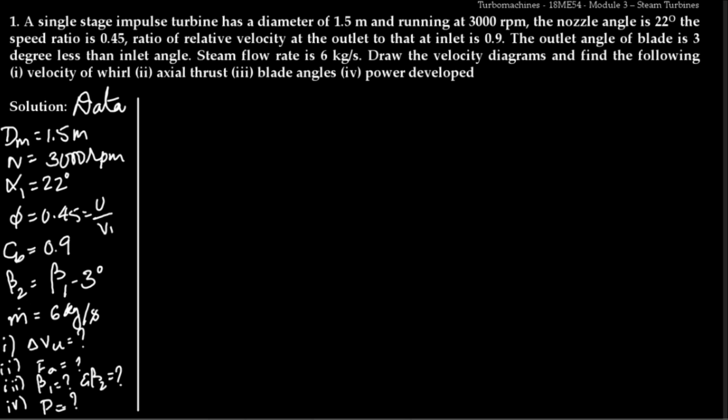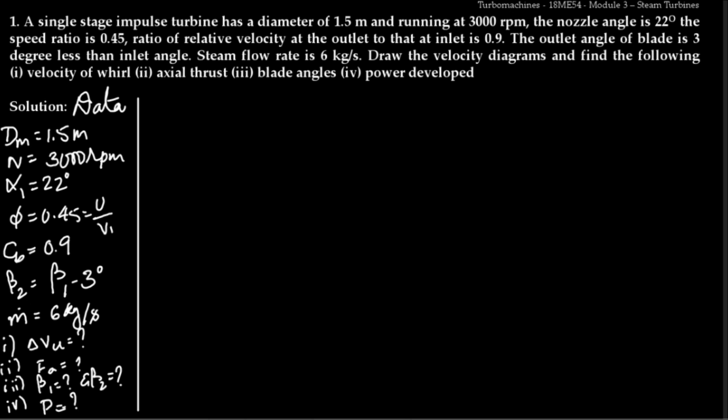So you may be knowing 2 angles and a length of one side, then you will be able to construct a triangle. Or you may be knowing 3 sides, then also you will be able to construct a triangle. Or you may be knowing 2 sides' lengths and 1 angle, then also you will be able to construct a velocity triangle.